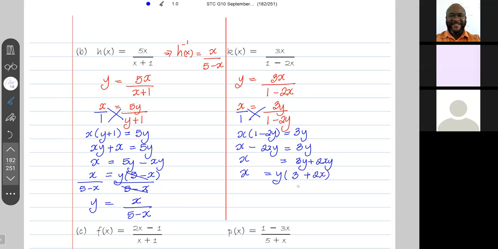Then I'm going to divide both sides by 3 plus 2x. So this cancels this. And so what I end up with is y is equal to x over 3 plus 2x. So step 3 is to make y the subject again.